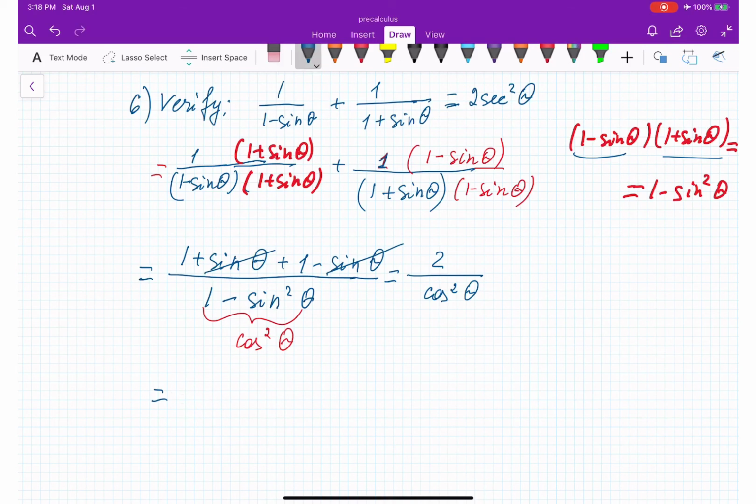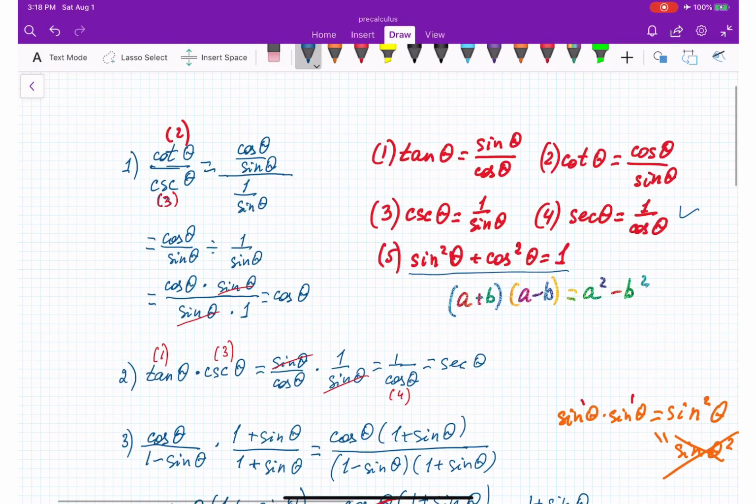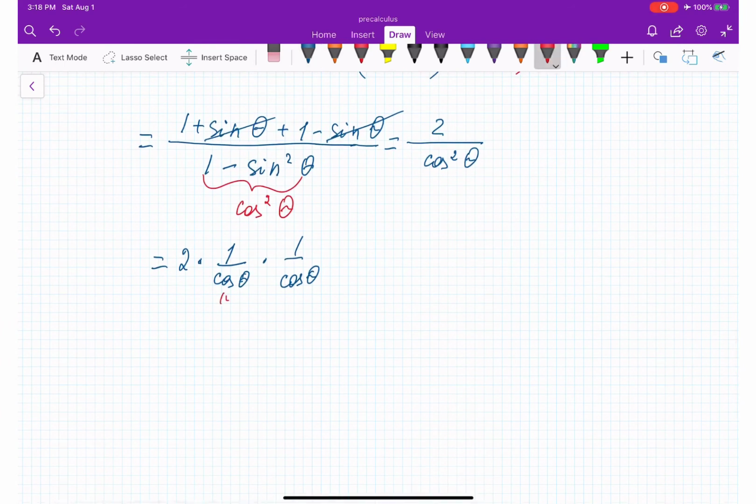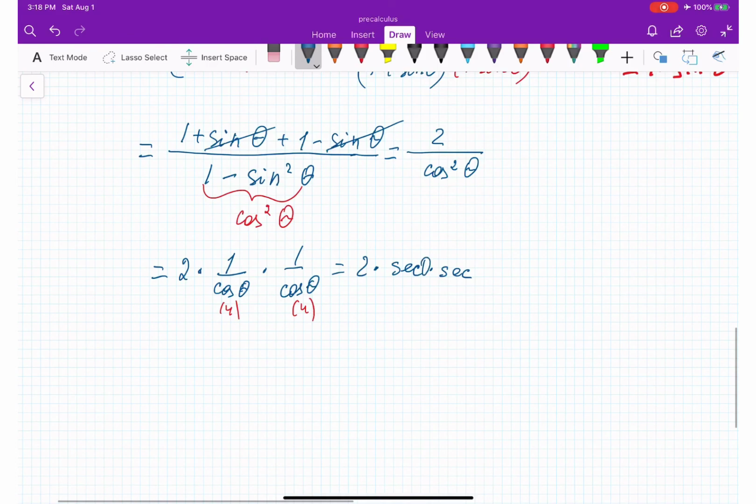So I'm taking these 2 separate times, and then I can write down 1 over cosine theta times 1 over cosine theta, like that. And we know 1 over cosine theta, that's formula number 4, it's a secant. And we are getting 2 times secant theta times secant theta.